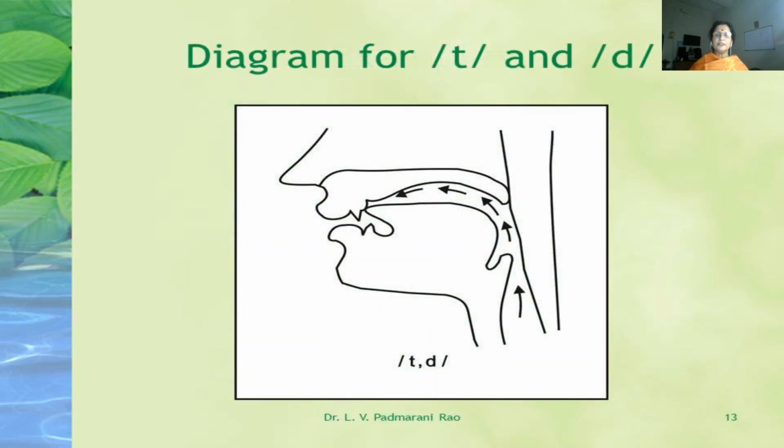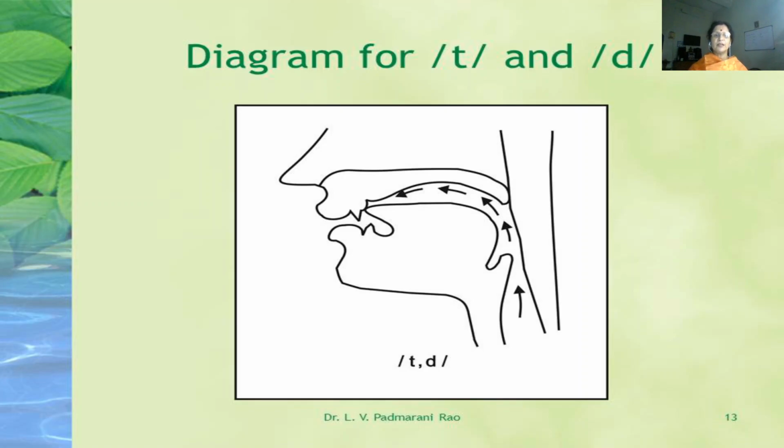If you have the diagrammatic representation of t and d, this is the diagram. The soft palate is raised and is blocking the nasal passage of air. The tip of the tongue is touching the teeth ridge. Could you see that in the diagram? Thereby blocking the oral passage of air.